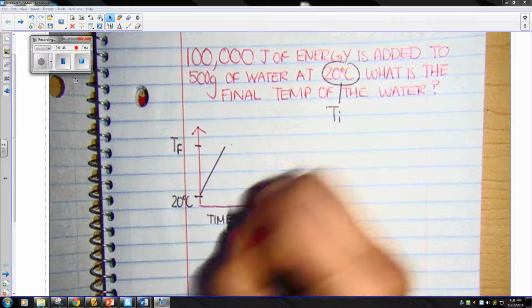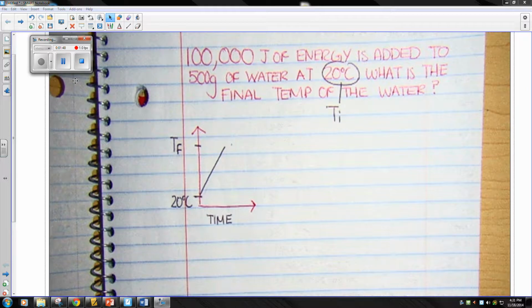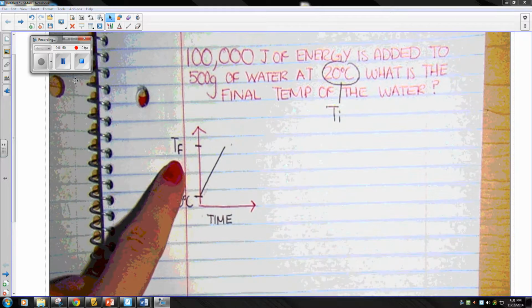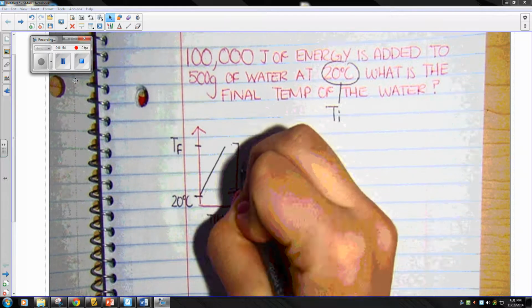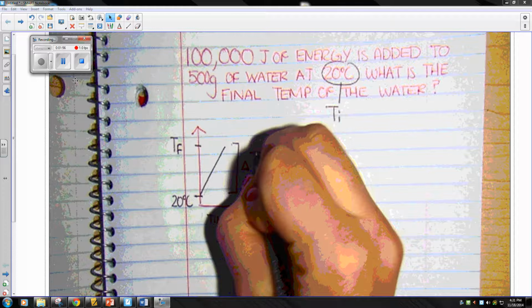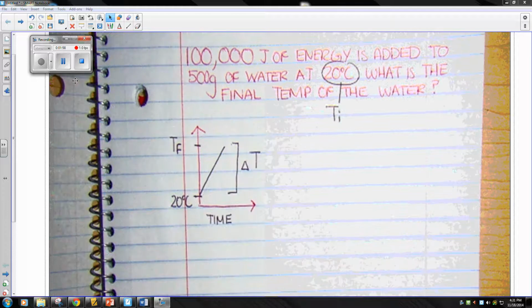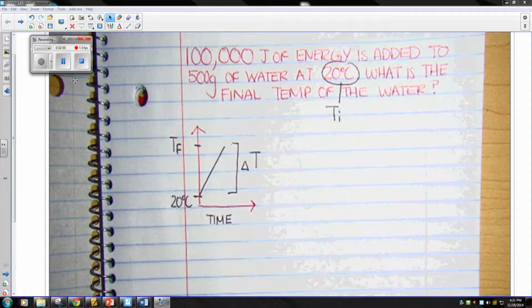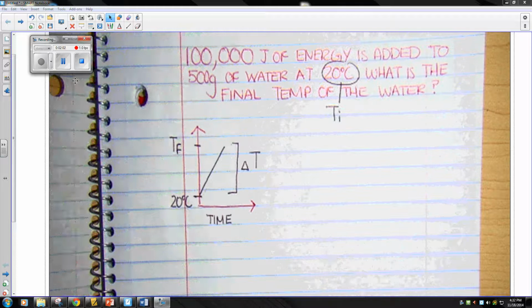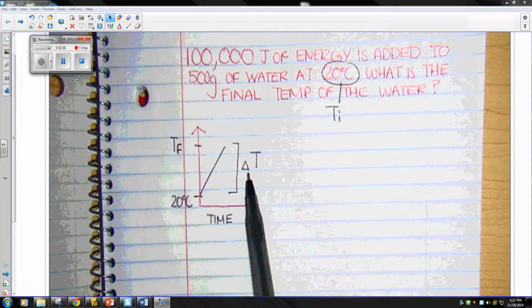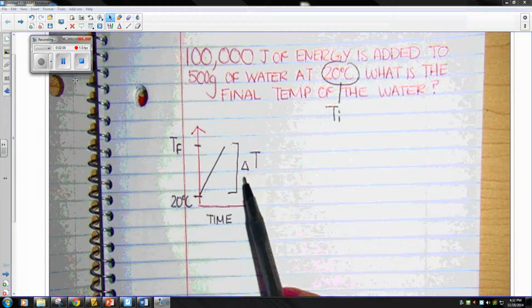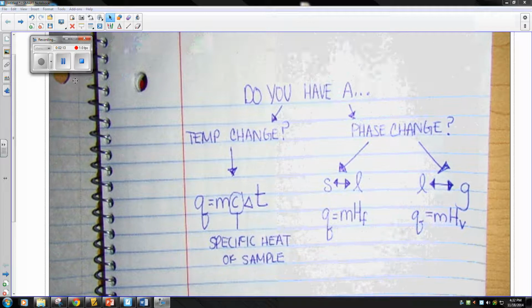We want to find the change in temperature in order to find the final temperature, because our change in temperature is going to be the difference between our starting temperature and our final temperature. So you got to ask yourself, what equation do we want to use in order to calculate delta T, our change in temperature? So you can look at this flow chart.